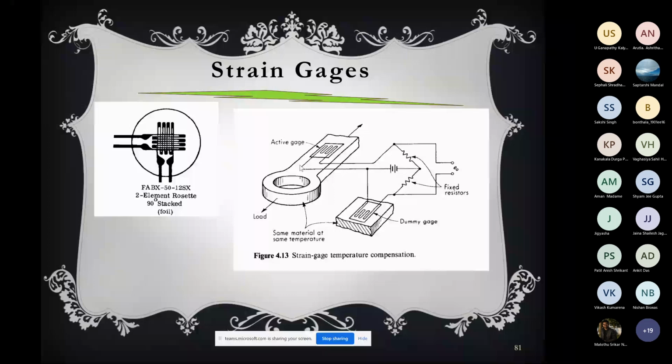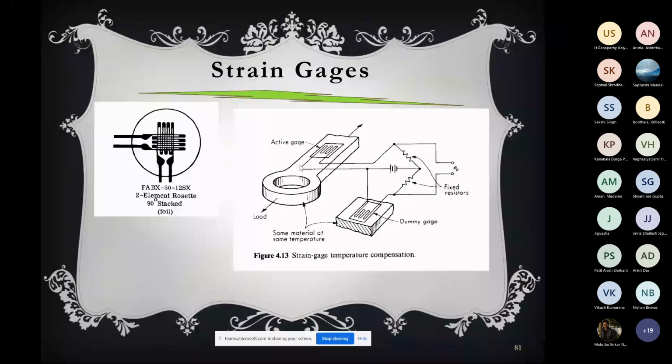So when the change in resistance due to the change in temperature happens, and it will keep on happening, we use a dummy strain gauge to nullify that effect. Dummy strain gauge means the same strain gauge we implant on the same material, side by side. The temperature change equally affects the dummy strain gauge and the active strain gauge.